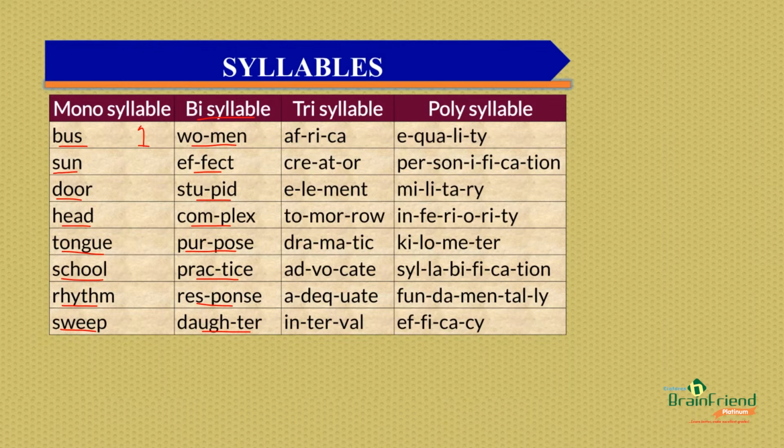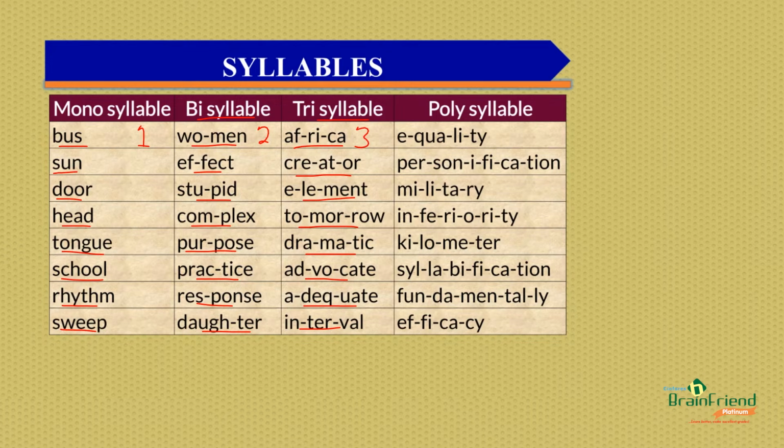Notice that these words have 2 syllables. For trisyllabic words, we have Africa, creator, element, tomorrow, dramatic, advocate, adequate, and interval. You notice that these words have 3 syllables.